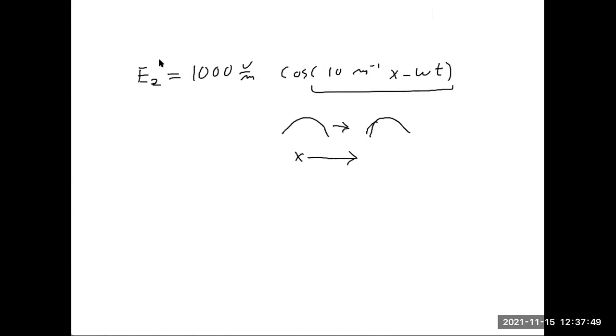For our speed, we have that our frequency times our wavelength must be the speed of light. So the frequency is going to be the speed of light divided by the wavelength. We don't quite have the wavelength; we have the wave number. Wave number relates to wavelength a lot like angular frequency relates to period.